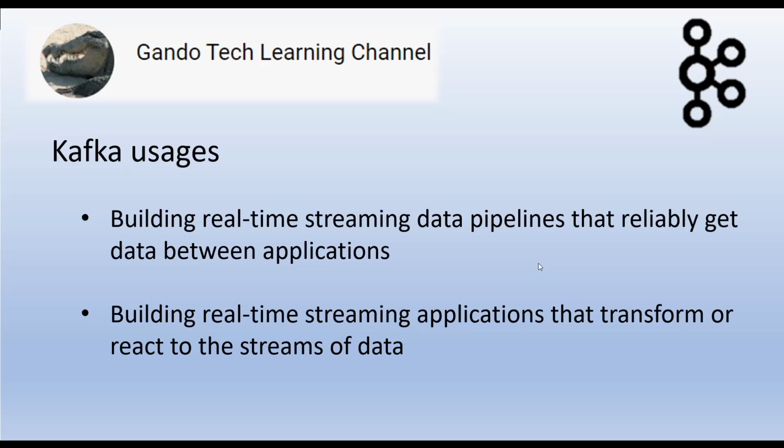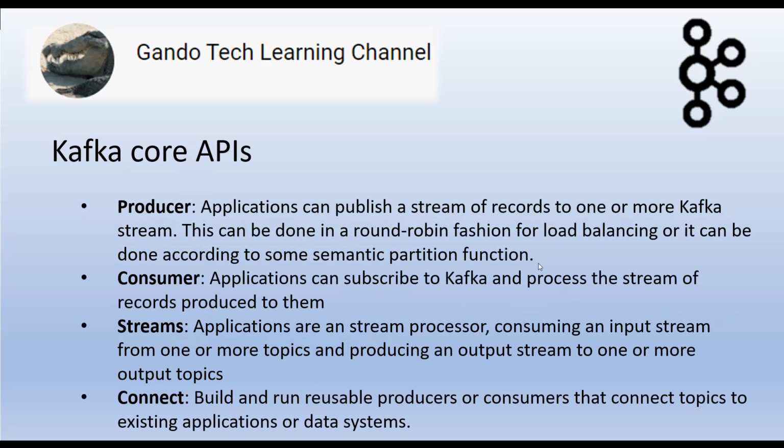So the first one is saying, okay, you have a publisher and subscriber, and you are exchanging messages in between. The second one is a stream of data, where the applications act as both sides, picking the data from somewhere and dumping it somewhere else. So this is the whole usage of Kafka.